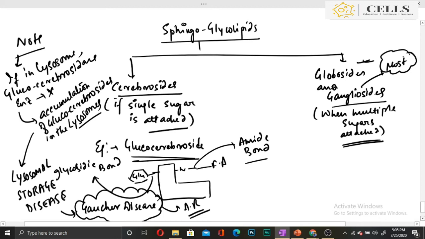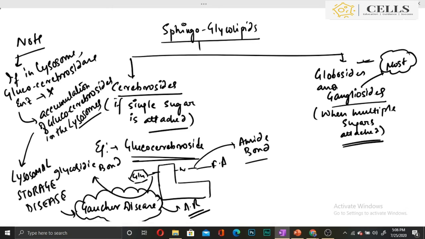Yes, I will repeat. I have just told you that one of the diseases related to this glucocerebroside is that the lysosome consists of different hydrolytic enzymes, right? So if the glucocerebrosidase enzyme, which degrades the glucocerebrosides, is absent, then what happens?